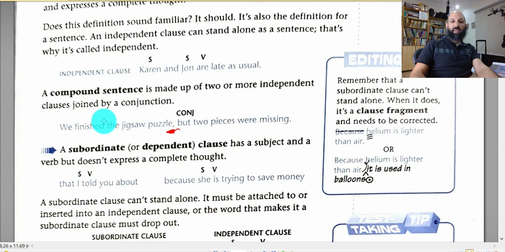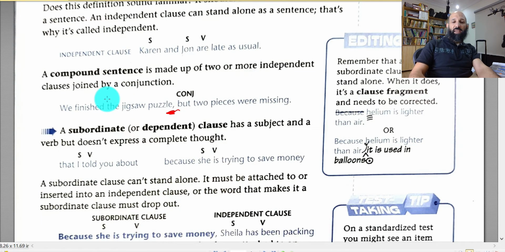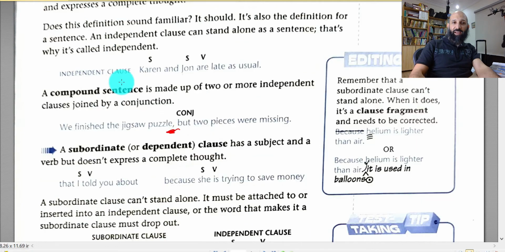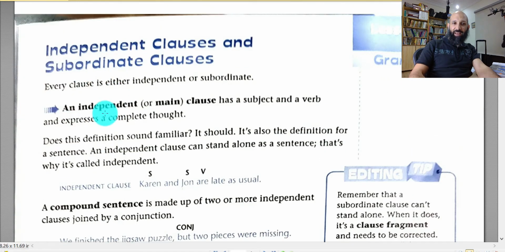Now, how about a subordinate or a dependent clause? It has a subject and a verb, just like an independent clause. But look at the third condition.